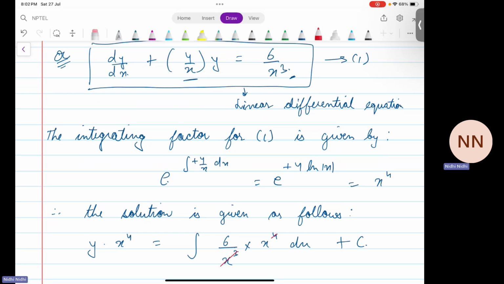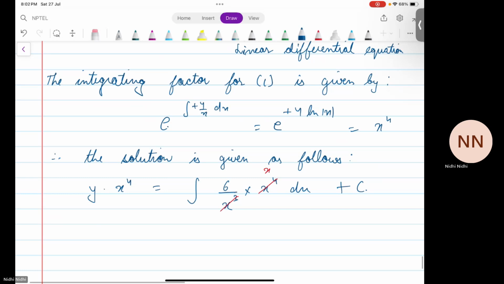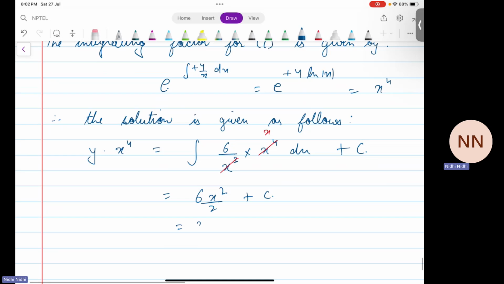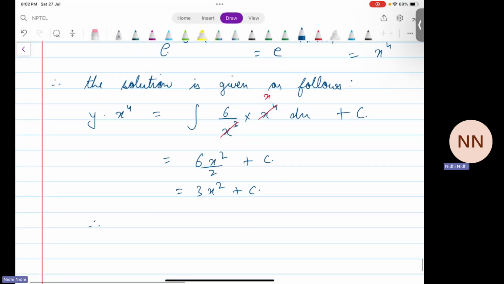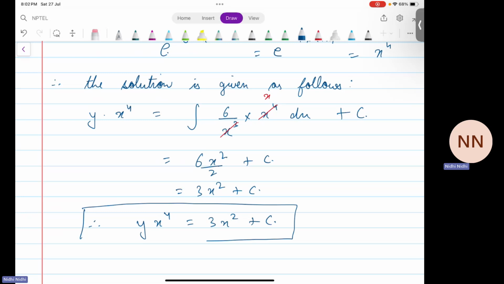This gets cancelled out and we are left with x. So we get 6x squared by 2 plus c, which is basically 3x squared plus c. Therefore, we have y x power 4 is equal to 3x squared plus some constant c. This is our general solution.